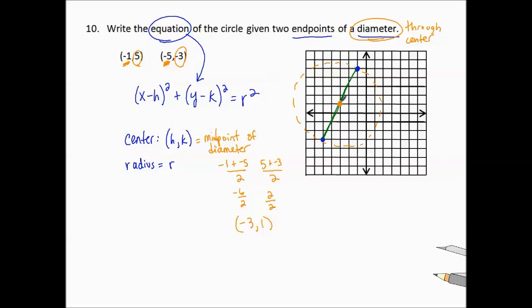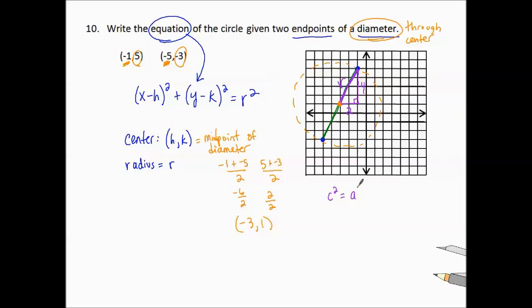Now the radius. Remember, the radius is the distance from the center to any point on the circle. There's the radius right there that we have to compute. Now we could do it with the equation like we did last time, or we can do it the triangle way. If I make this into a triangle, this side is 2 units, this side is 4 units, and then do it with the Pythagorean theorem.